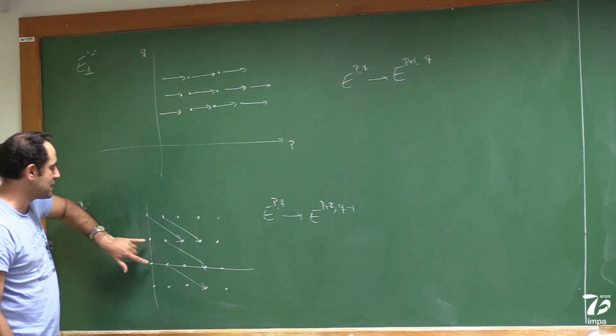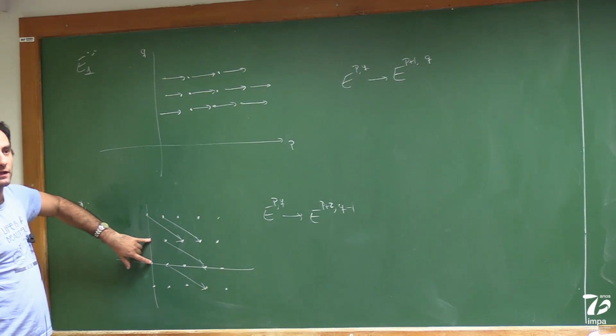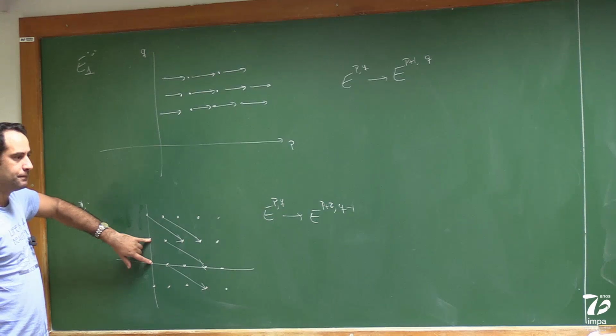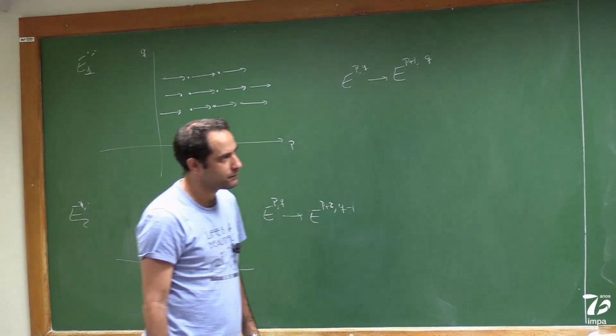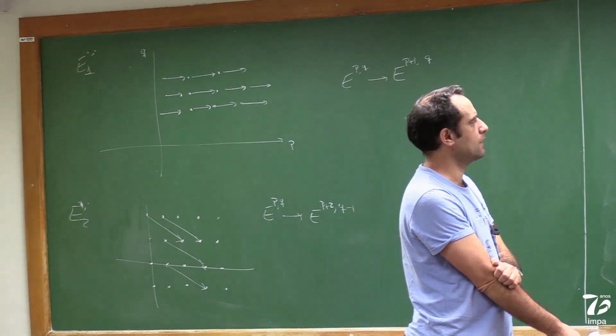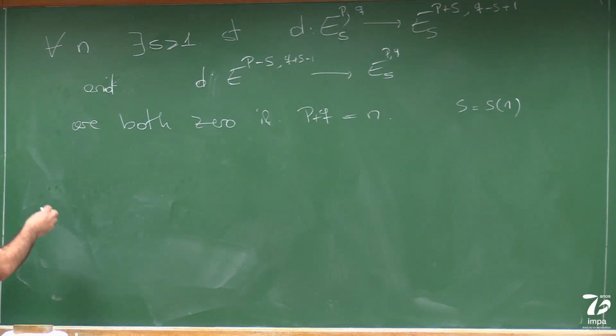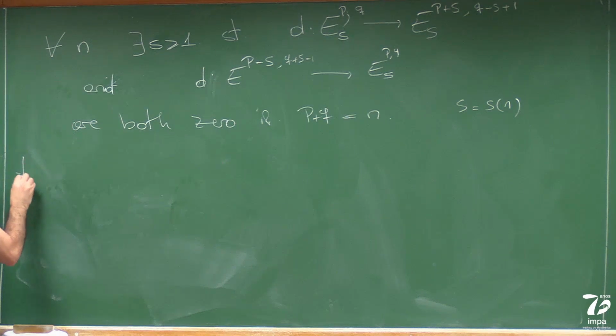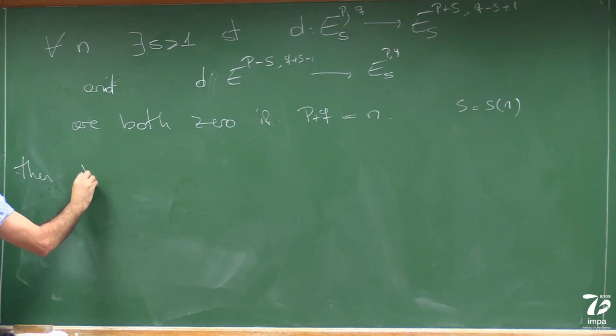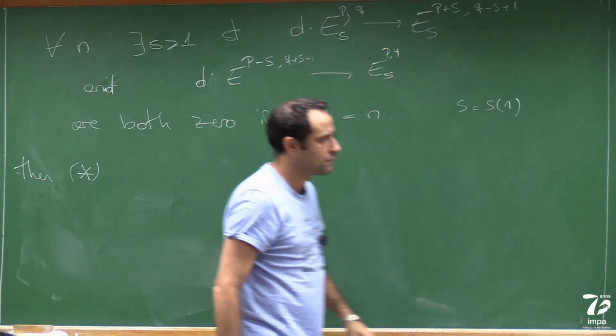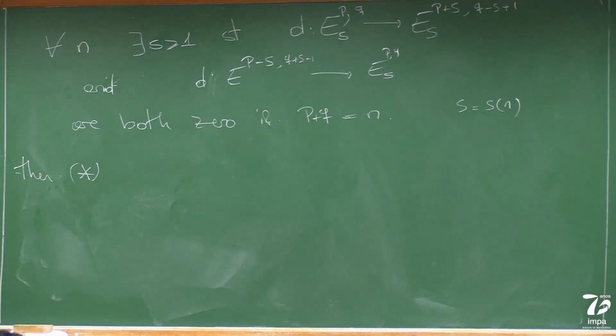If I had this bounded, say, to the first 2 rows, then I wouldn't need to make that claim. Okay, so let's suppose that I have this axiom star, which is here.